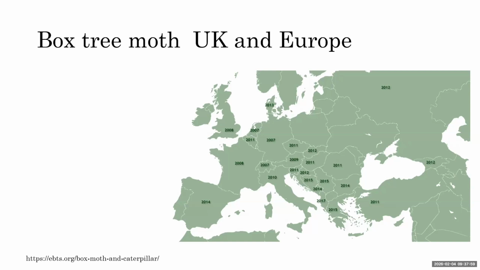This is just a map of the distribution of where it is, with the numbers and the years in which it got into each particular country. In places like Switzerland, they're typically seeing about 2 generations a year. In Italy, in the eastern half, they're seeing two generations, and in the western half, they're seeing 3.